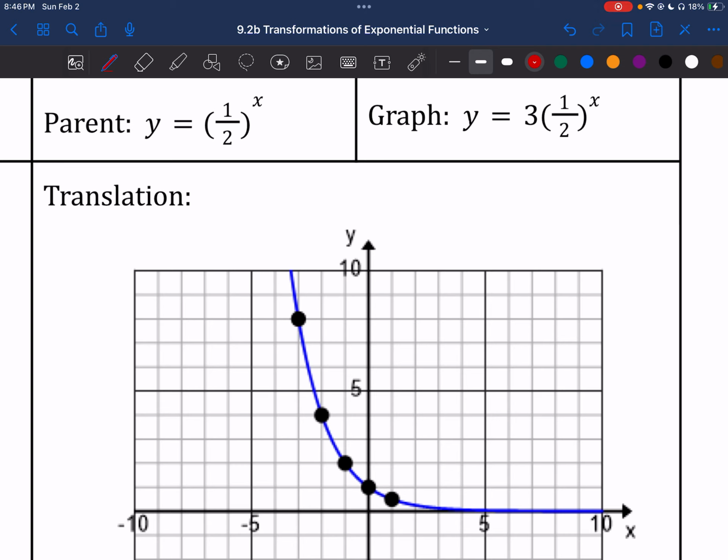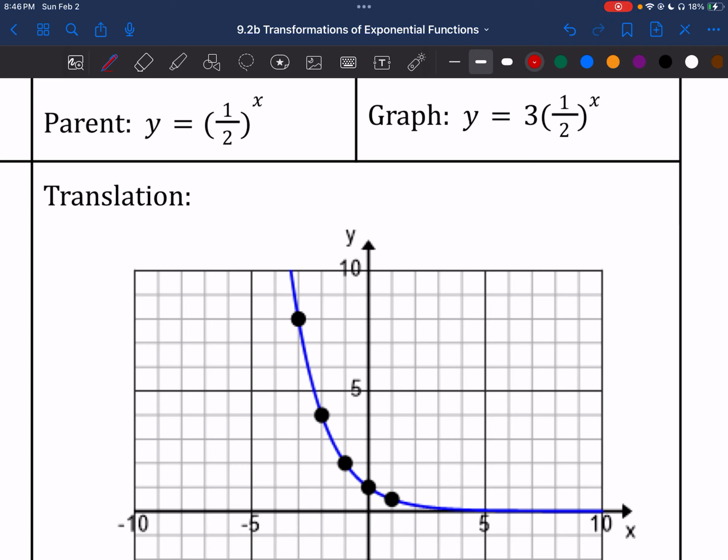So 1/2 to the x, if we have a negative value, we flip that fraction and it becomes 2 over 1. So, 1/2 to the negative third power is 8. 1/2 to the negative second power is 4, to the negative first power is 2, to the 0 power is 1, to the first power is 1/2, and you see it decreasing there.